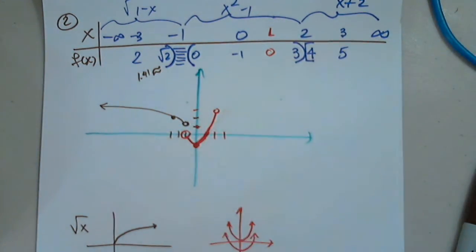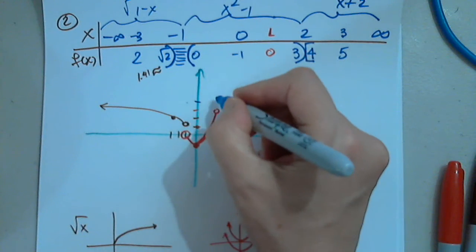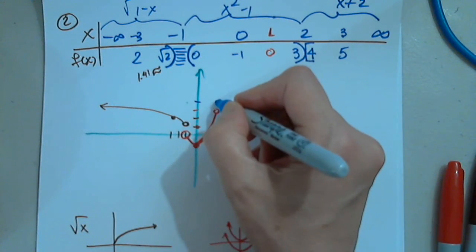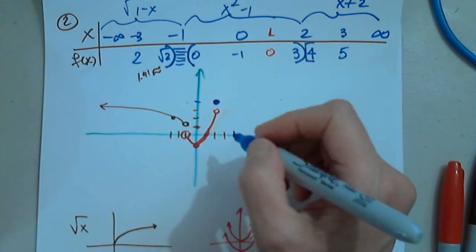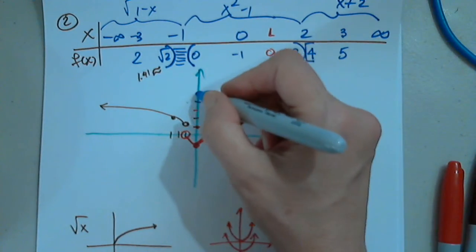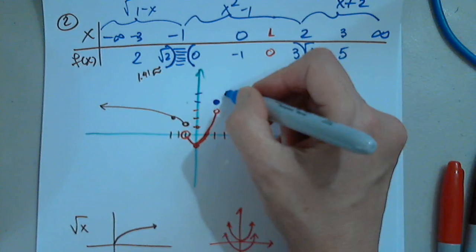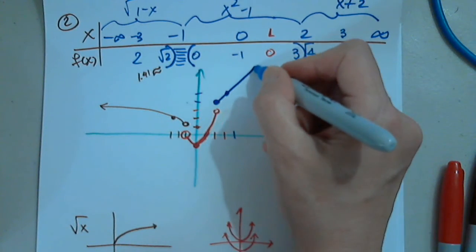So 2, 3. Done with red. Blue now. 2, 4. And this is a full point. And then 3, 5. Oh, here it is. 3, 5. And this is a straight line.